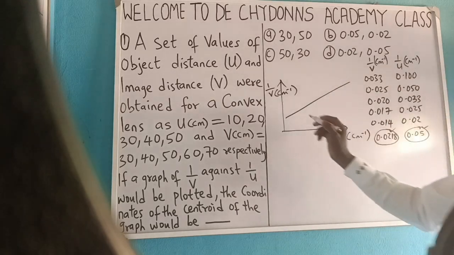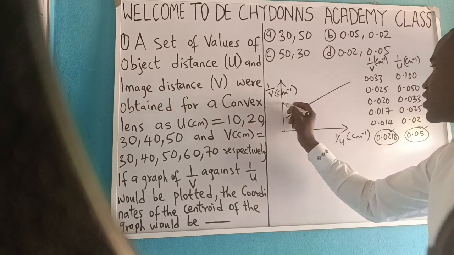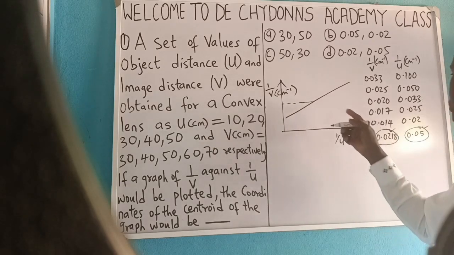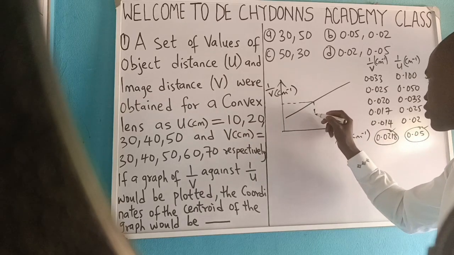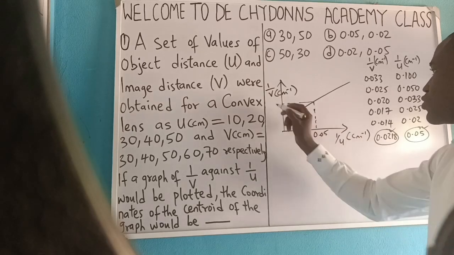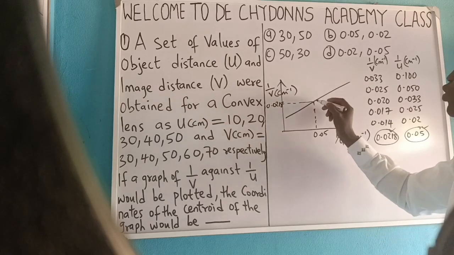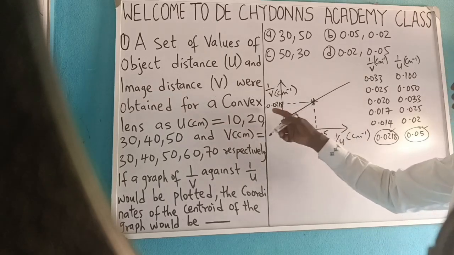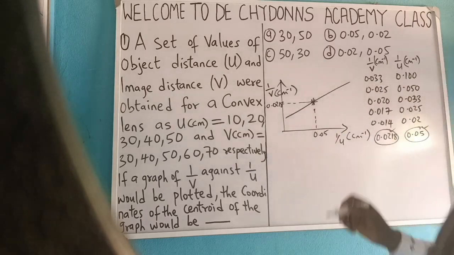Centroid, that is, I will locate 0.0218 here, and here should be 0.05. I must locate this intersection before drawing the line of best fit.